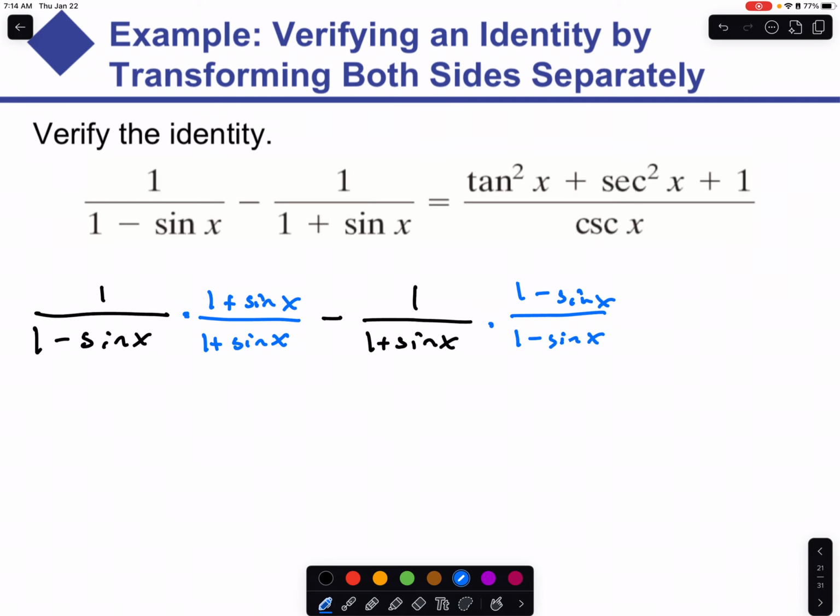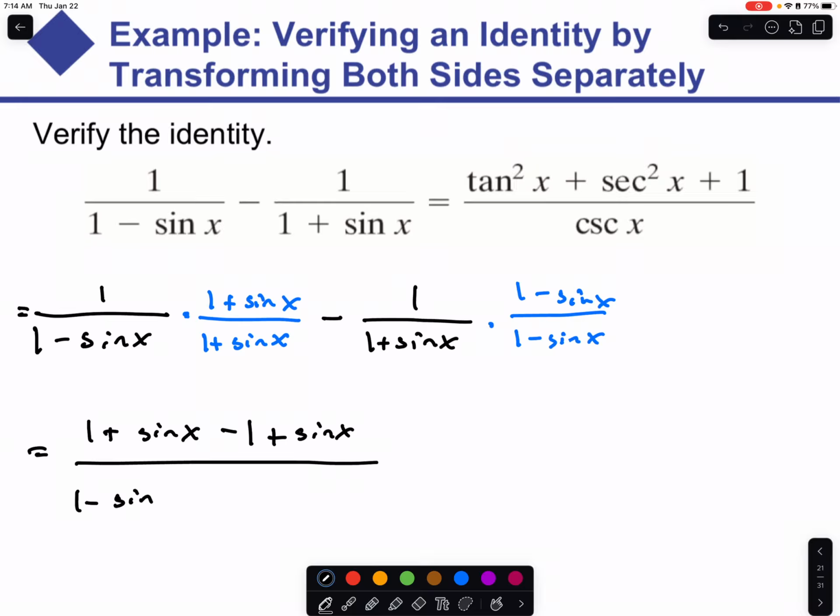Now I'm not going to expand out the denominator, but we definitely should expand the numerator. All right, so it looks like we're going to have 1 plus the sine of x minus 1 plus the sine of x. The bottom right now, I'm going to leave it as 1 minus the sine. Let me see.